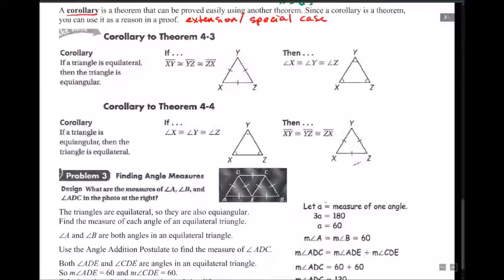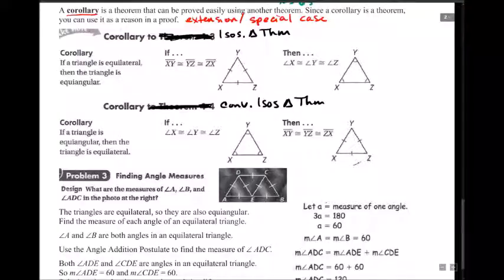So a corollary, and we are not going to let them write this, corollary to the isosceles triangle theorem, and the corollary to the converse of the isosceles triangle theorem. Scratch those out, make it all go away.